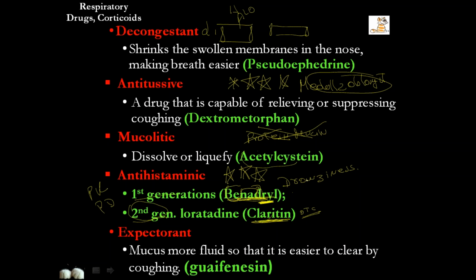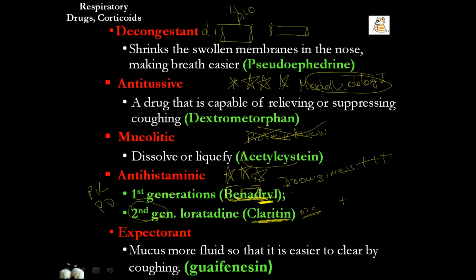So if drowsiness is +3, for example, in the first generation, drowsiness is going to be +1 or none. So that is Claritin. Better pharmacokinetics means, for example, a lower dose, and better pharmacodynamics means fewer side effects.